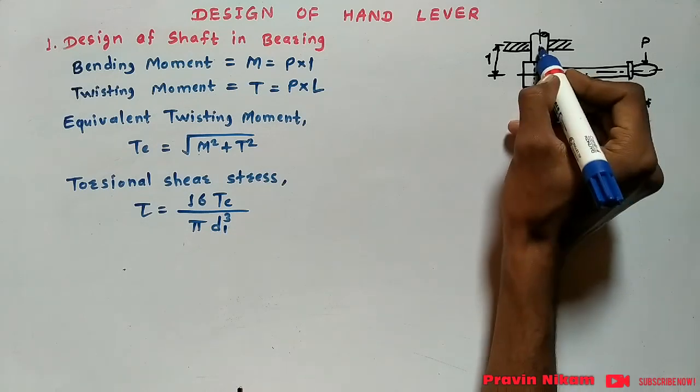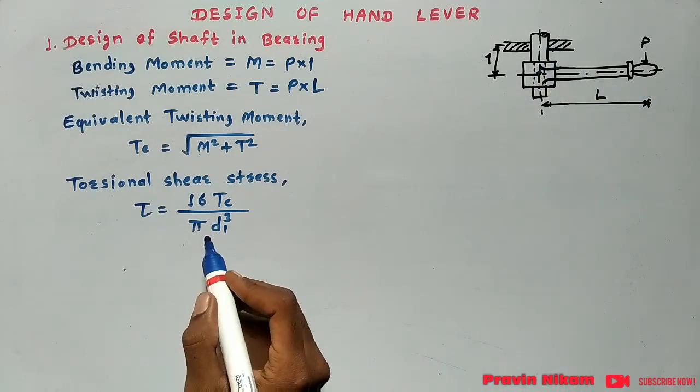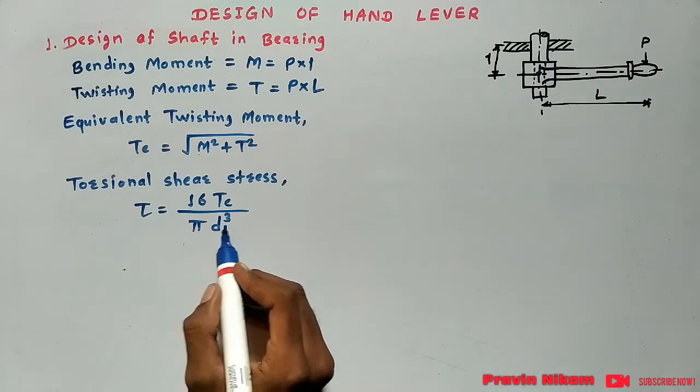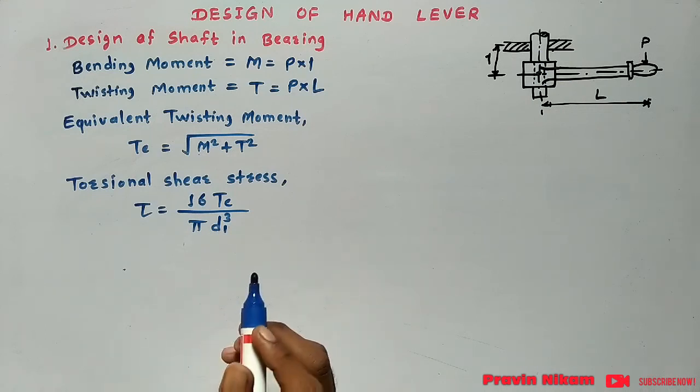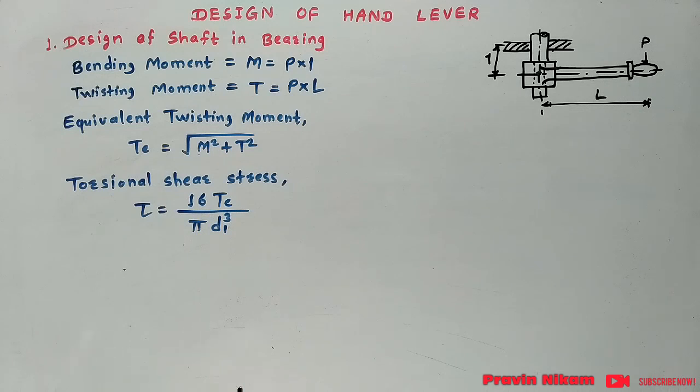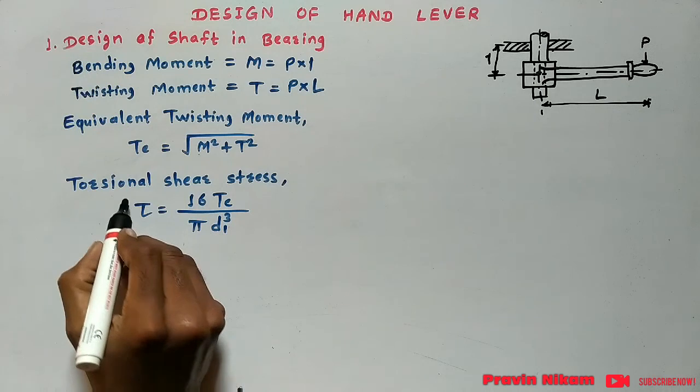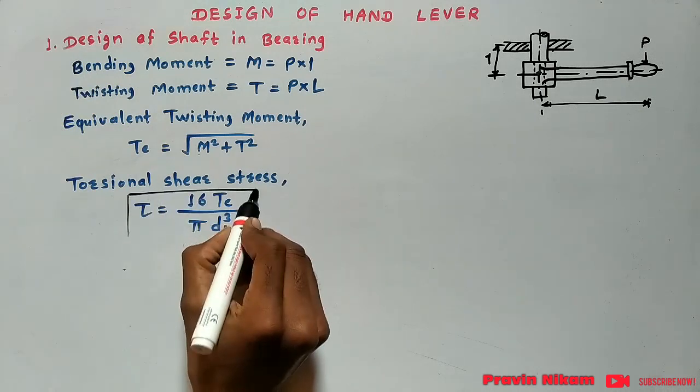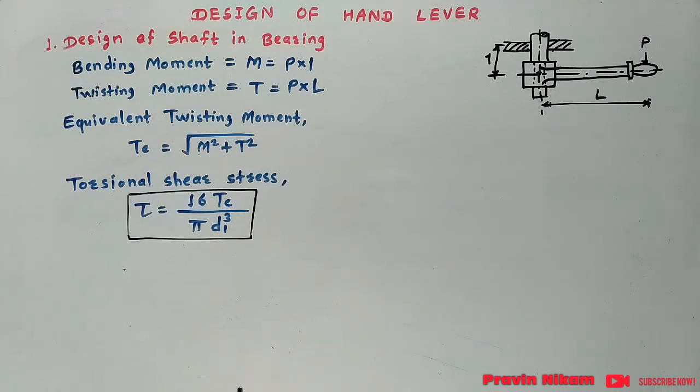Here the diameter of the shaft is d1, so I have used d1 here. By using this relation you can find the diameter of the shaft in bearing, that is d1.